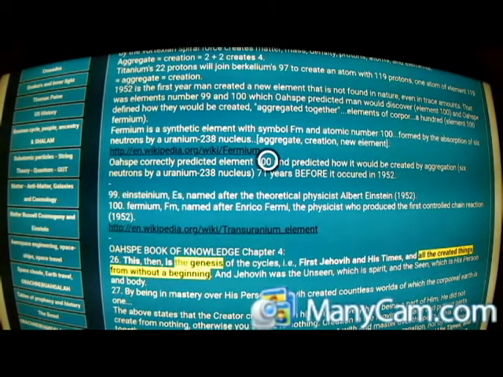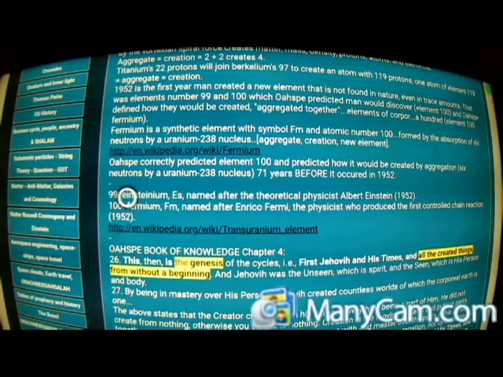But that came true. And Oahspe correctly predicted element 100, or 100 elements, by man, and predicted how it would be created by aggregation. 6 neutrons by a uranium-238 nucleus, 71 years before it occurred in 1952.